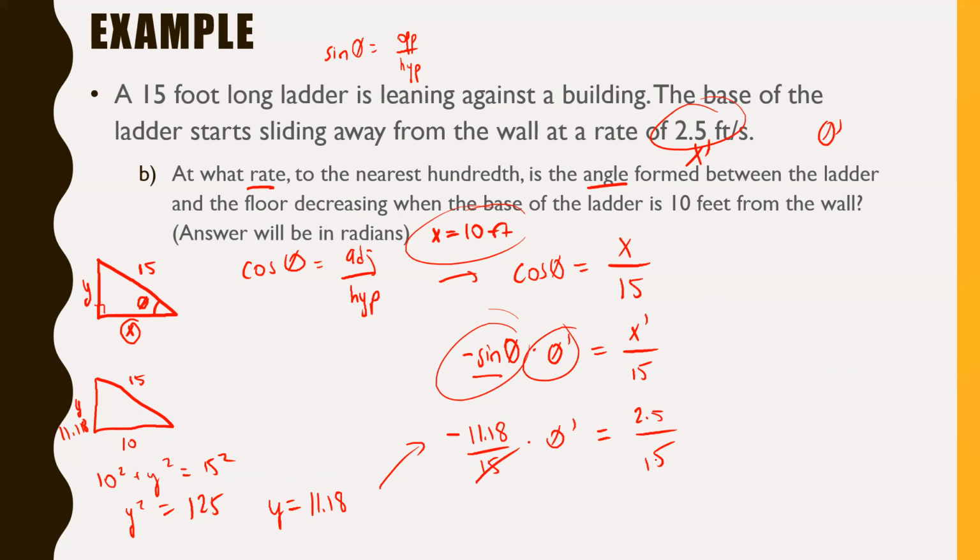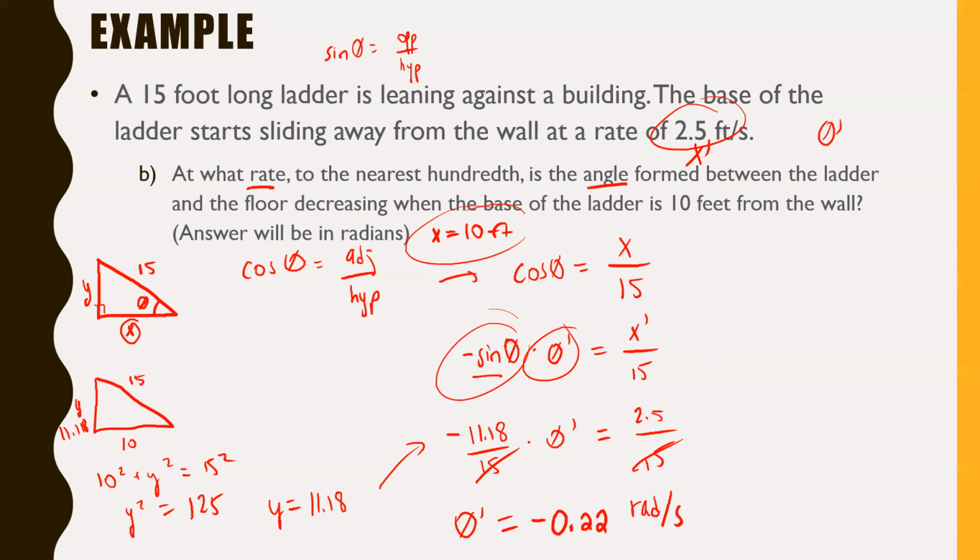This is kind of a joke here because that just gets rid of that. And then we have to divide by negative 11.18. So theta prime equals 2.5 divided by negative 11.18. And it does say round to the nearest hundredth. So we'll say it's negative 0.22.